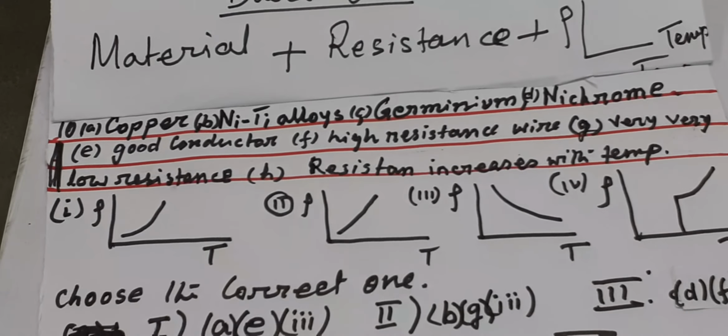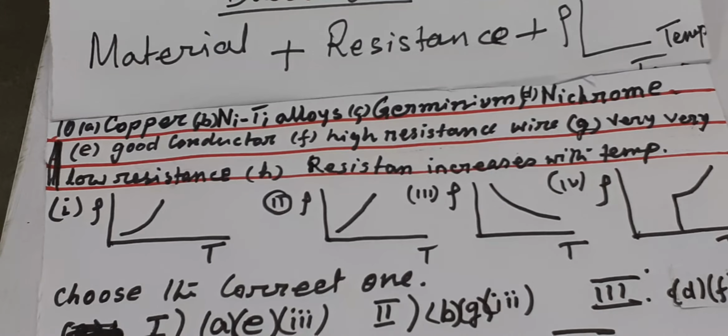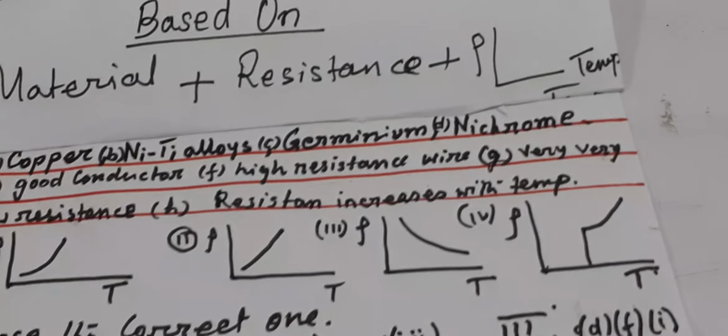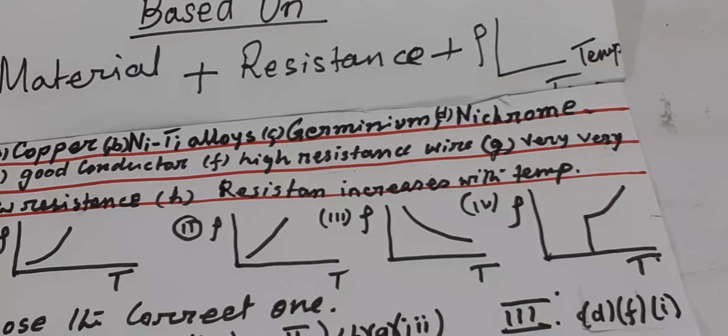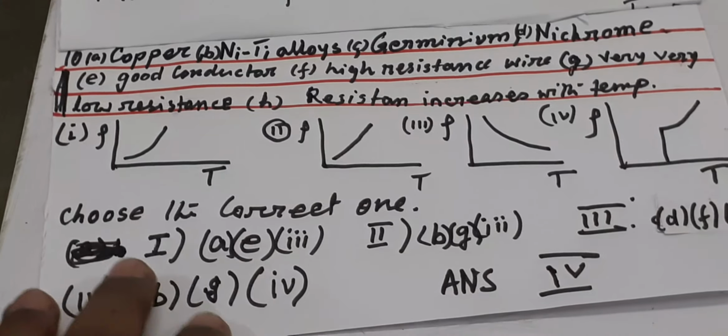If you see, this is not matching, because nichrome resistance increases with temperature, and it has slightly higher resistance than normal wire, but resistance increases, that is the main property of nichrome wire. So 3 cannot be the correct combination.